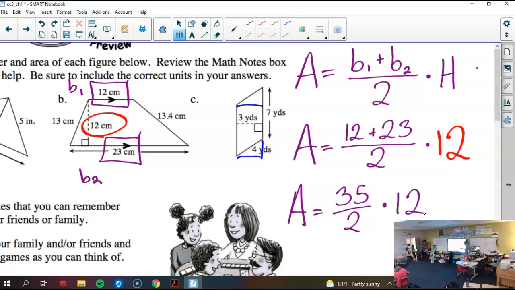Or in our calculator, we could open parentheses and do 35 divided by 2 in parentheses and then multiply by 12. Or I can just do 35 divided by 2, enter, and then hit times 12. There's a lot of ways to calculate this. I'm not even sure of the exact answer, so we'll just do this together.